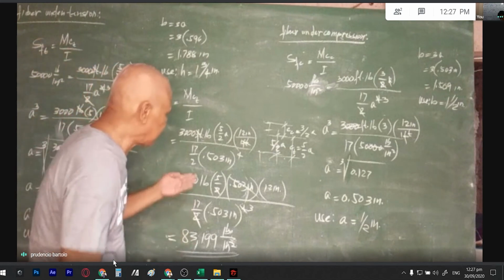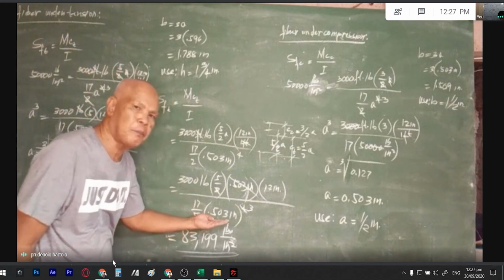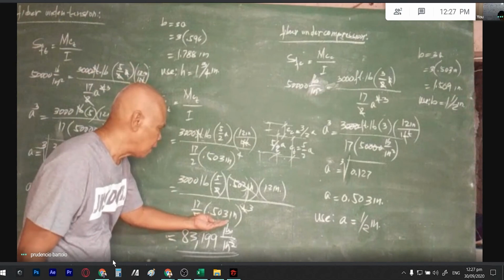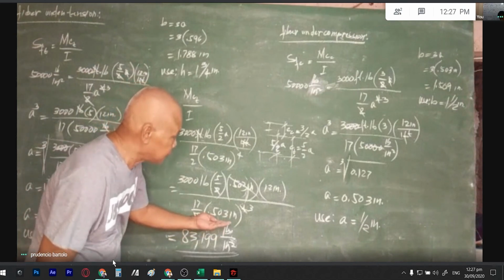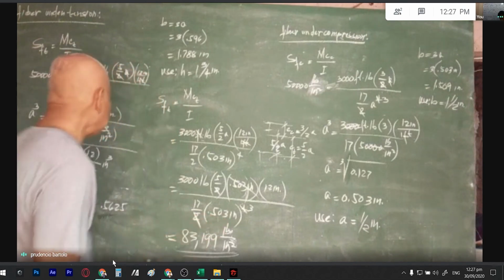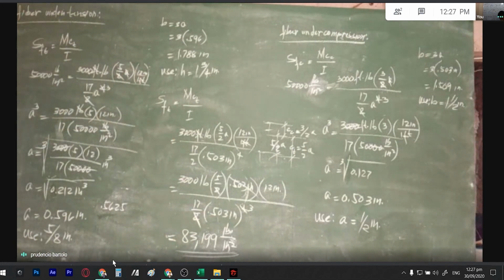Meaning, we cannot use 0.503 for the dimension of A. What we can use is 0.596. Using 0.596, this will be safe because it was taken in here. The value of 0.596 is taken here.